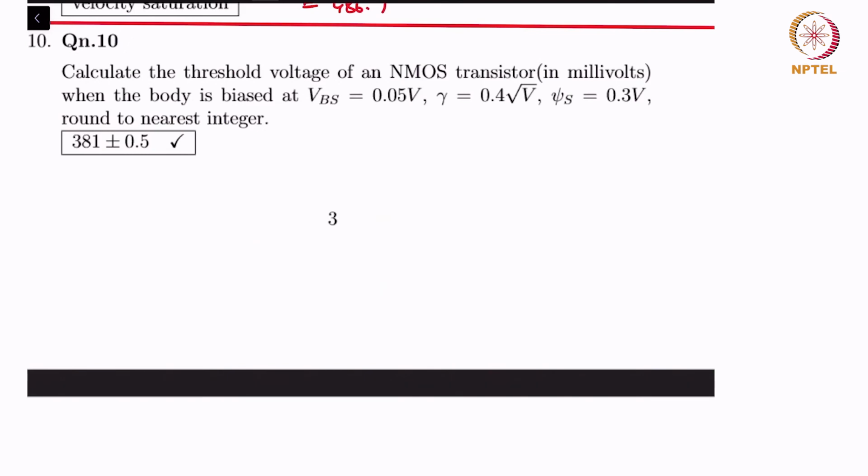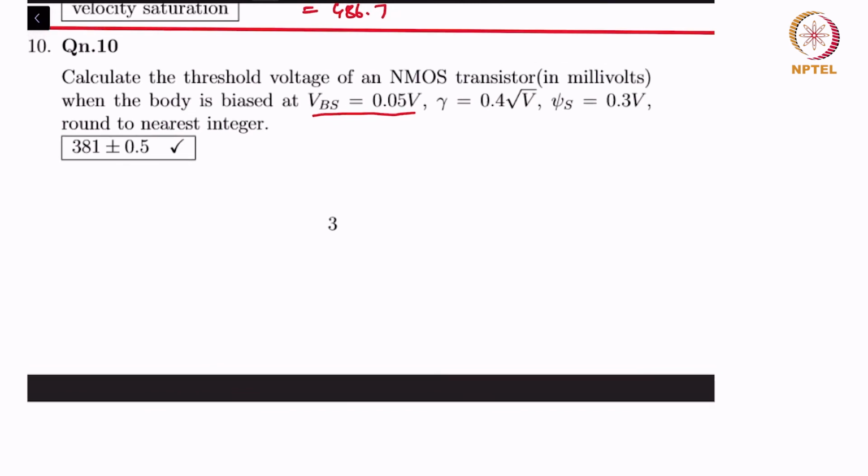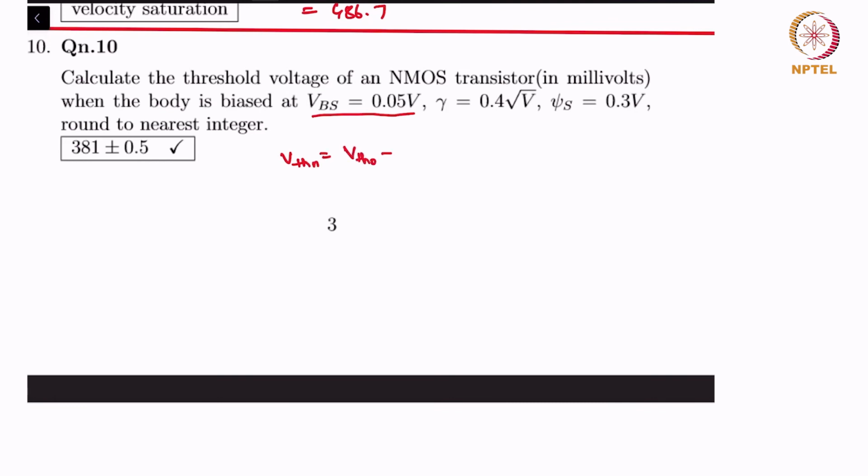So for the final question, we are given a VBS of 0.05 with the same gamma and psi s and asked to find the threshold voltage of the transistor in millivolts. So again, VTHN is equal to VTH0 plus gamma times square root of mod of psi s plus VSB minus square root of mod psi s.